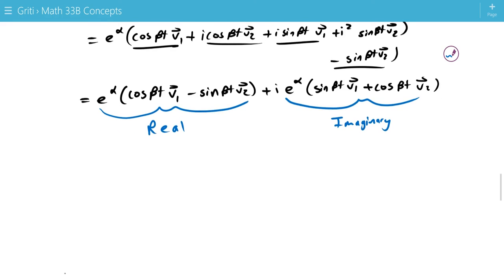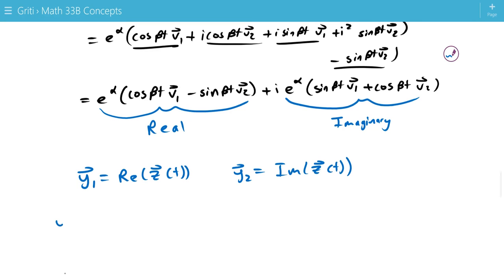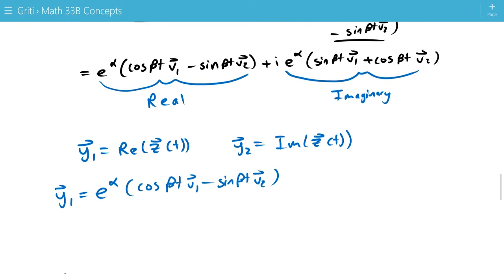So we can make our y1 equal the real part of z of t, and our y2 can equal the imaginary part of z of t. So that means that y1 will equal e to the alpha t times cosine beta t v1 minus sine beta t v2, and y2 will equal e to the alpha t times sine beta t v1 plus cosine beta t v2.